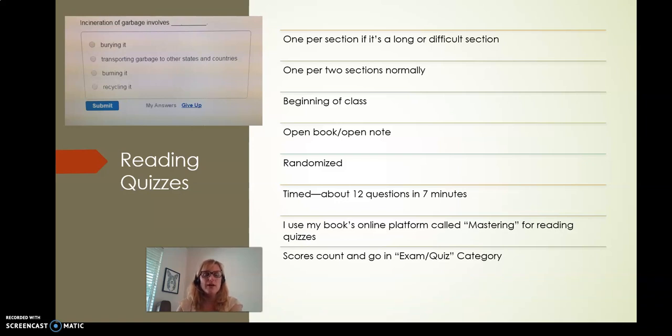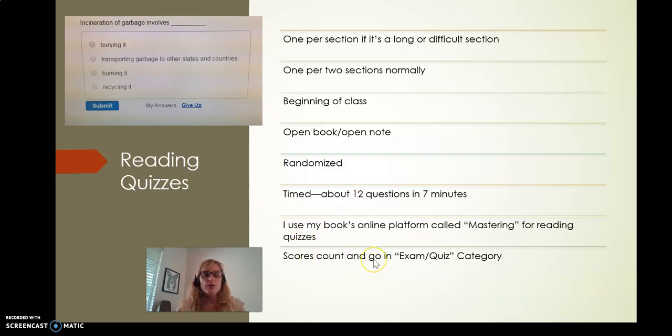And not all books have a decent online reading quiz portal where the kids make an account and it tracks their scores. Some of the books have quizzes, but they are for practice. They don't actually report to you the kids' scores. So the book I use does. If I wasn't using that book, I would probably create my quizzes on Google Forms.